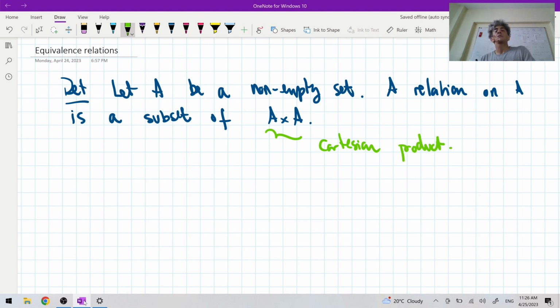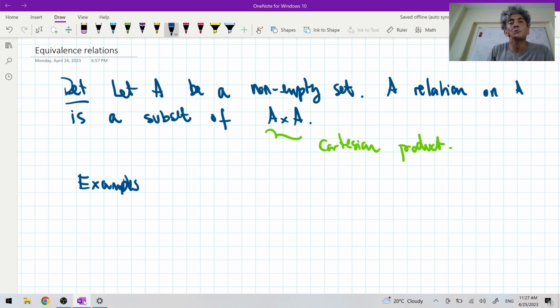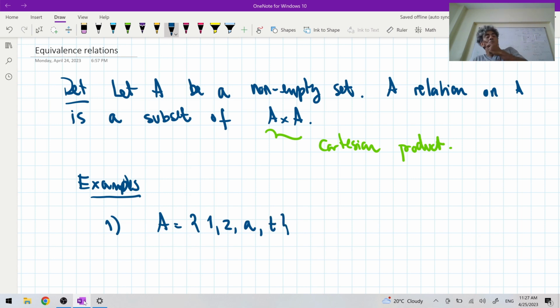Okay, let's give some examples. First example, let's choose a finite set: 1, 2, A, and T. Okay, so this is a finite set. It consists of the elements 1, 2, A, and T. What is the Cartesian product?